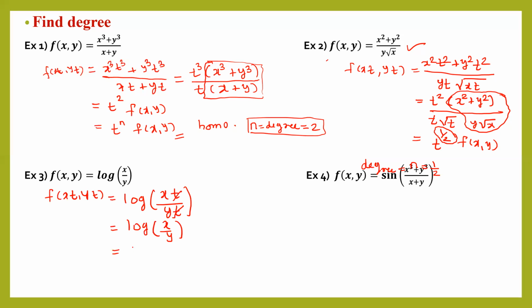So we have the original function f of xy. But do you have this form t raised to n f of xy? Yes. Here you can treat this as t raised to 0. So now we have the form t raised to n f of xy, and n is here 0. So the degree is 0.